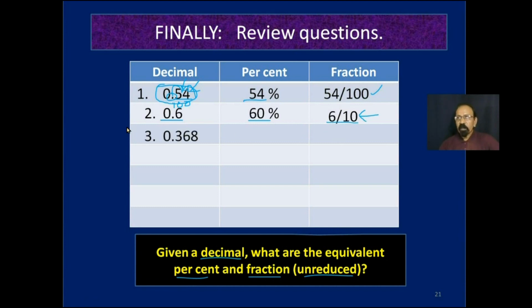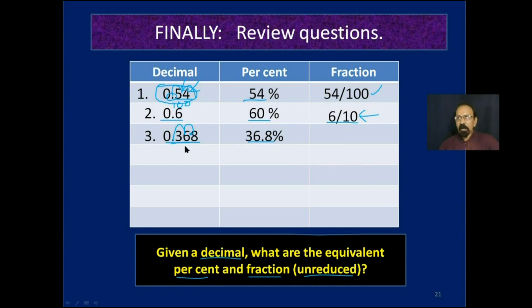Question 3, 0.368. Carry it to a percent, multiply by 100. This is getting like a song now. So 1, 2, you move the decimal point 2 places, and so you get 36.8%. Carry that to a fraction.